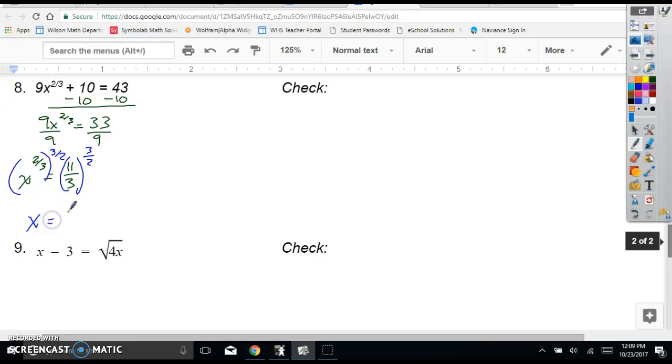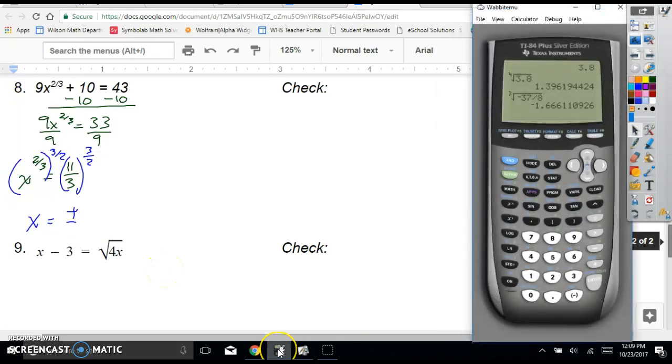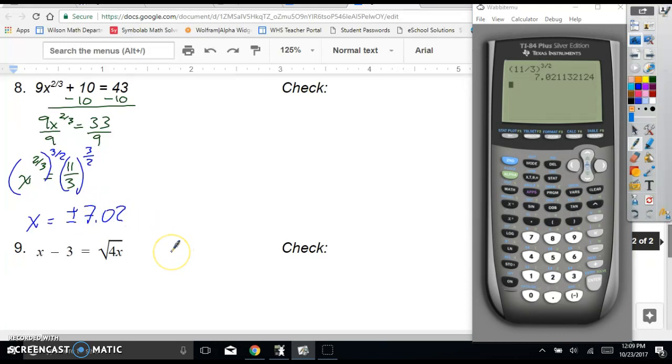So that's an even root, so I need plus or minus. I need my calculator here. So we're taking 11 divided by 3. And we're raising that to the 3 over 2. All right, so we're looking at plus or minus 7.02.